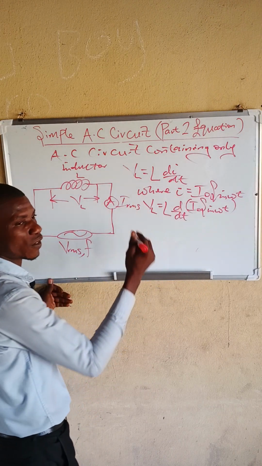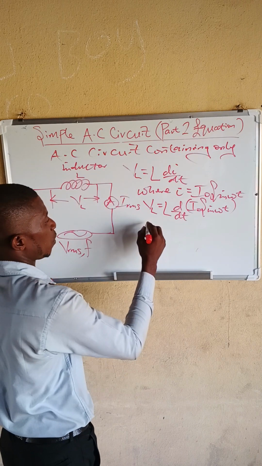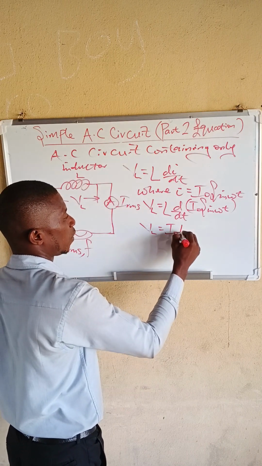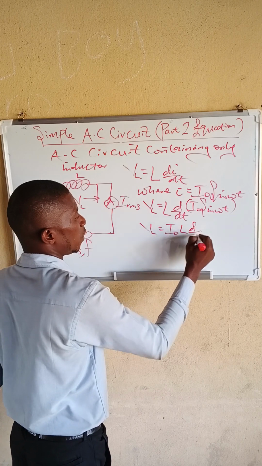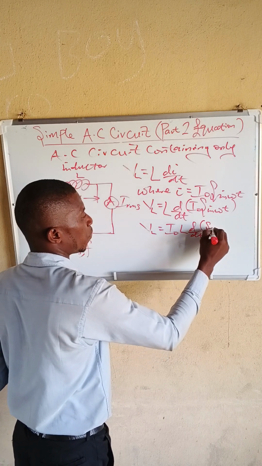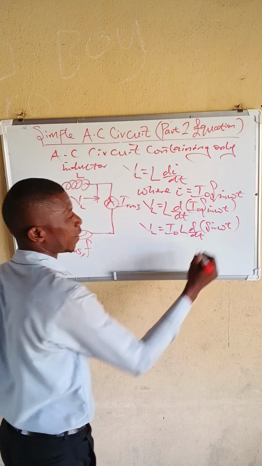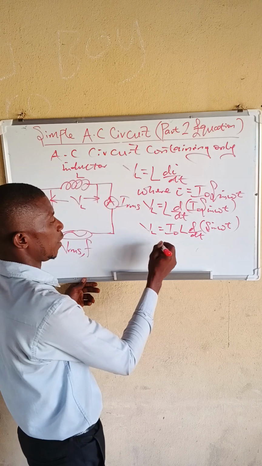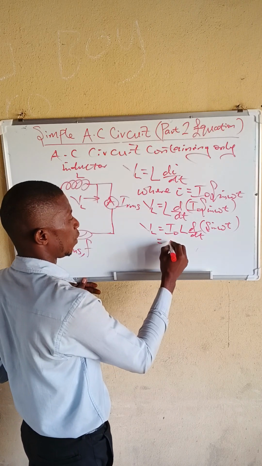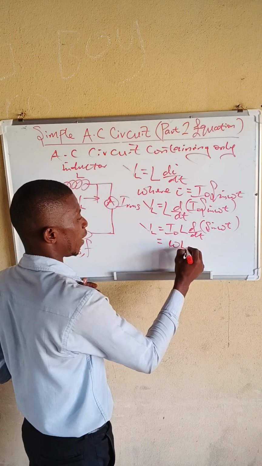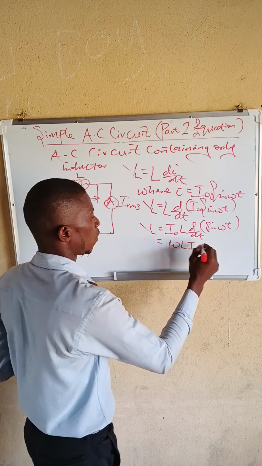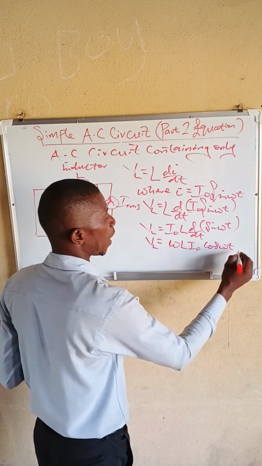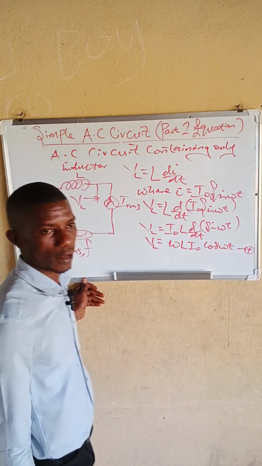Already I naught is a constant, then I'll factor it out. If I do that, I'm going to have L I naught d dt of sine omega t. Now, differentiating this sine omega t, that is going to give me omega L I naught cos omega t. I'll call this equation 1.